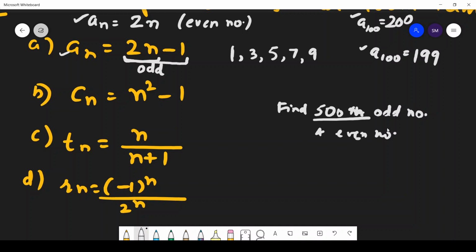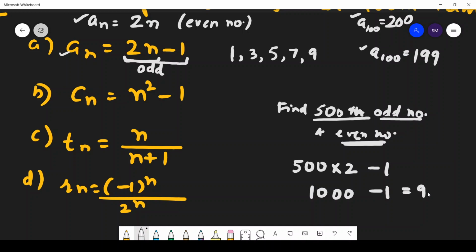Always remember, don't find the odd number directly. You have to find the even number first. Always. So how will you find the even number? The 500th even number: 500 multiplied by 2, 1000. 1000 is your even number. Now subtract 1 from it and you get the odd number, 999.